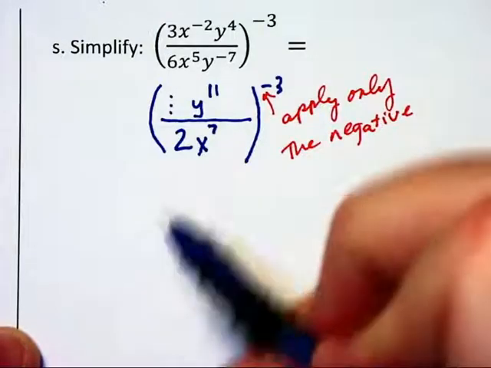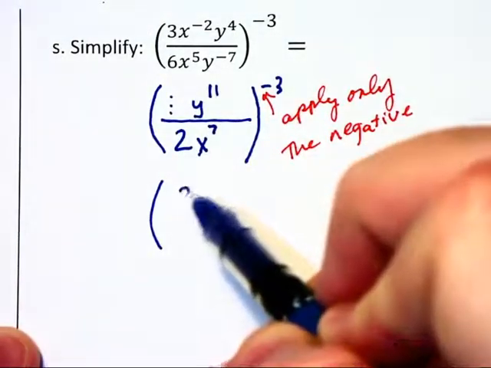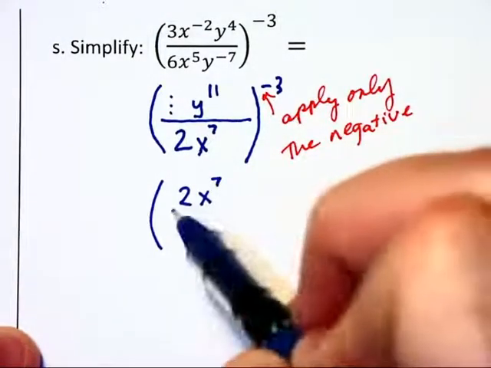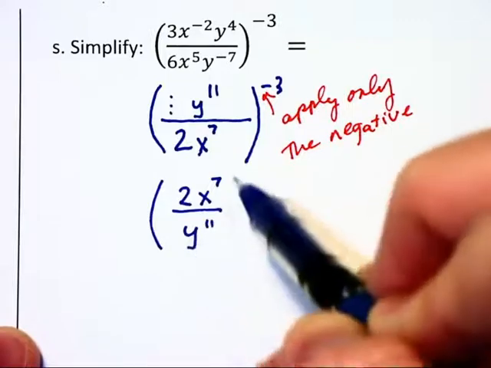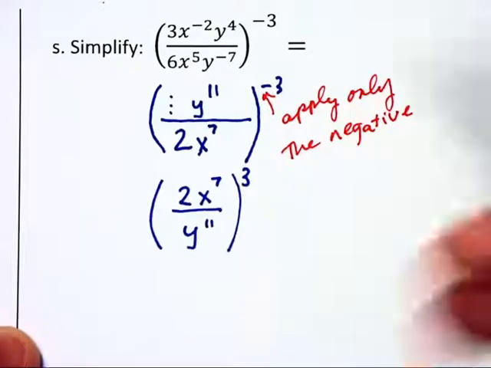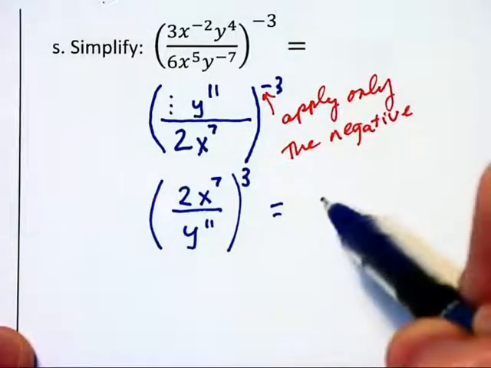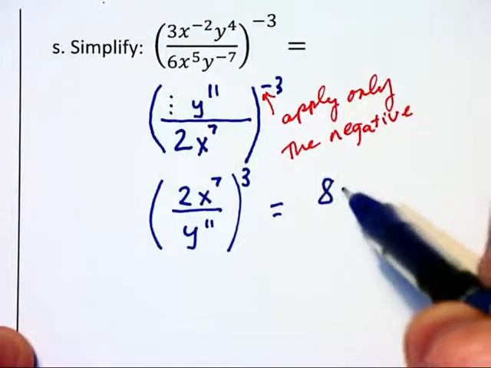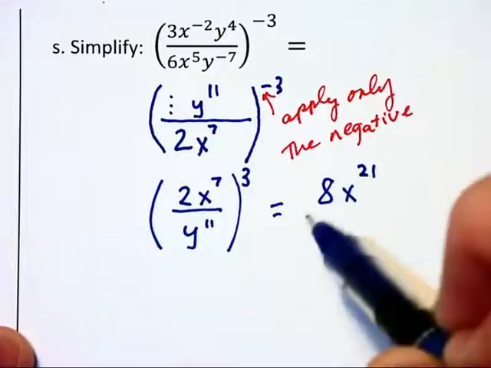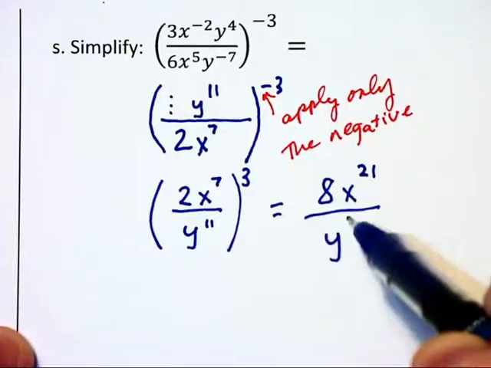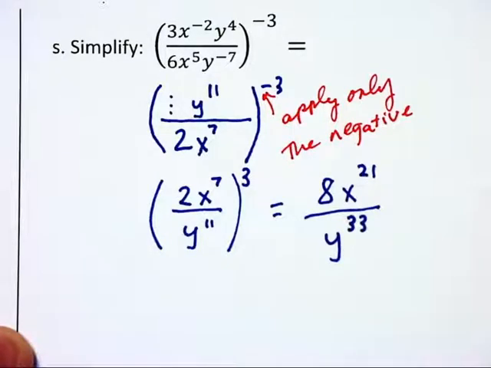And the net result is I can take the reciprocal of what is inside the parentheses and just raise that now to the positive third power, which then will give me 2 to the third, which is 8, x to the 21st over y to the 33rd power. And these cannot be checked. You have to know your properties correctly and just rework through your work if you want to check it.